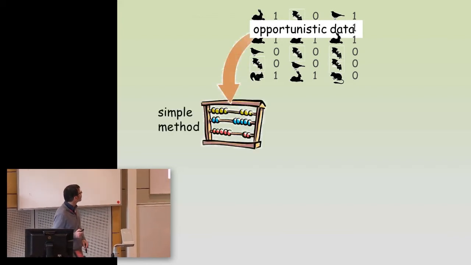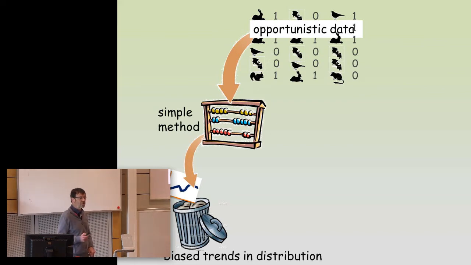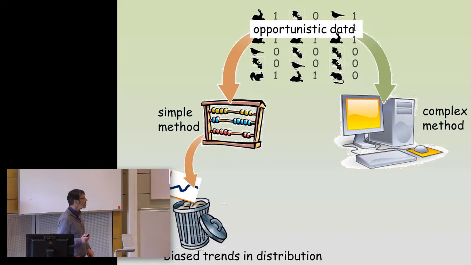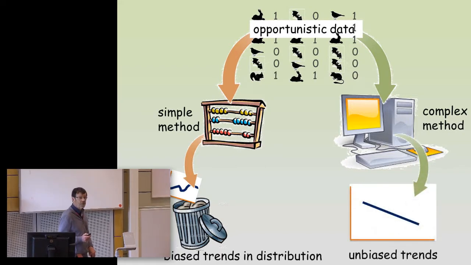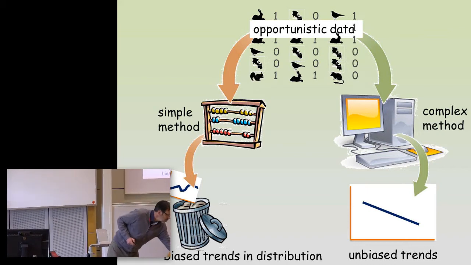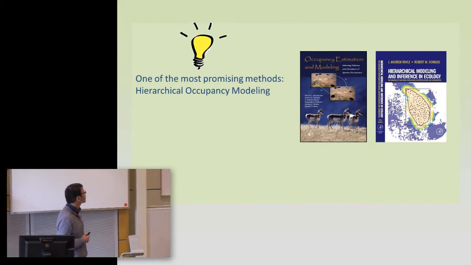Here's a summary of this. A simple method quickly gives biased trends in distribution, whereas complex methods can create unbiased trends. But there are a lot of buts here. I come back to this later.